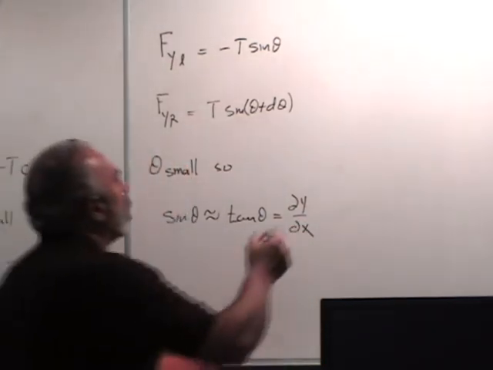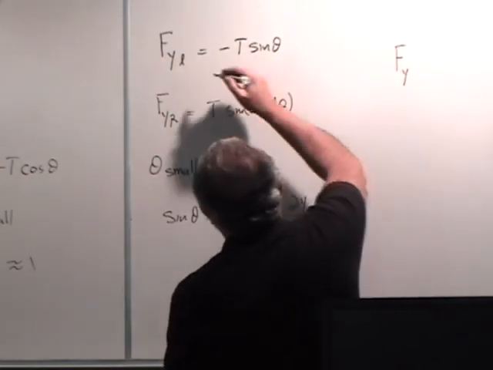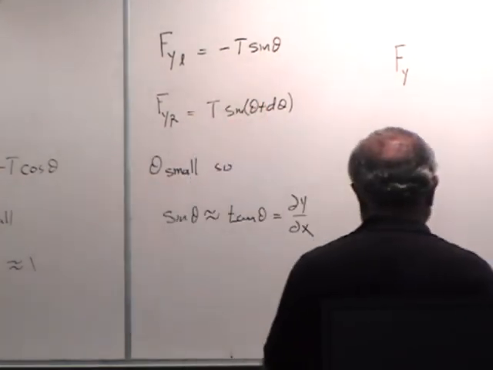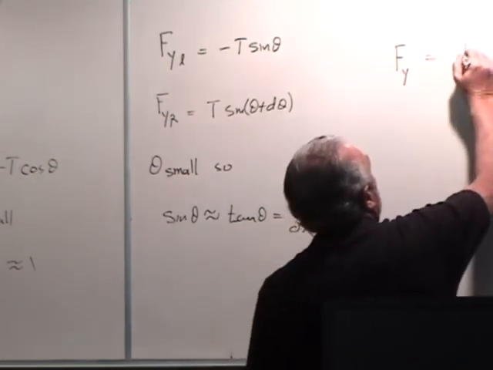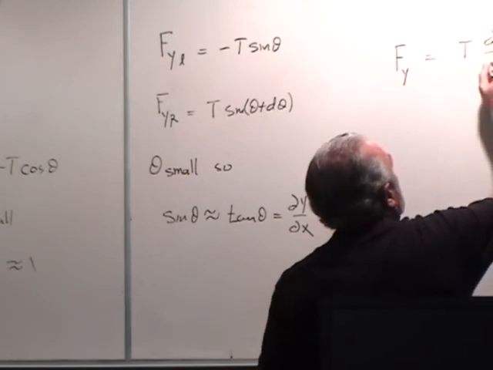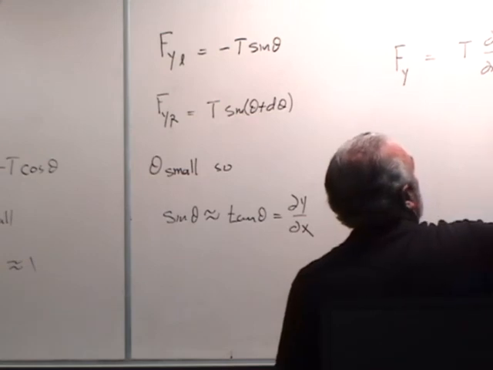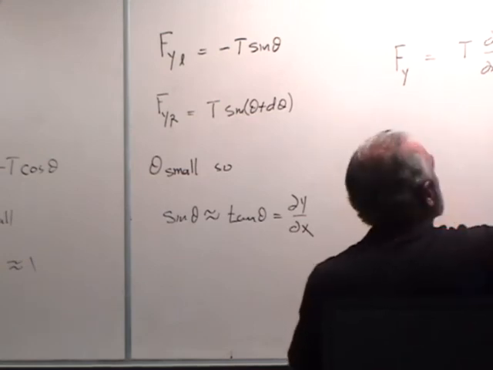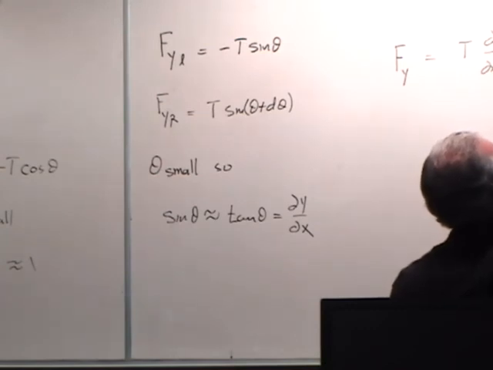So now our net force in the y, F in the y, not from the left or the right, but combined, becomes equal to T dy dx at x plus dx minus T dy dx at x.